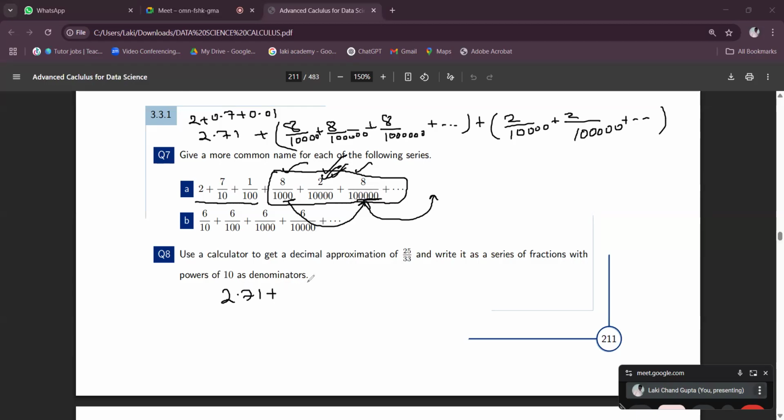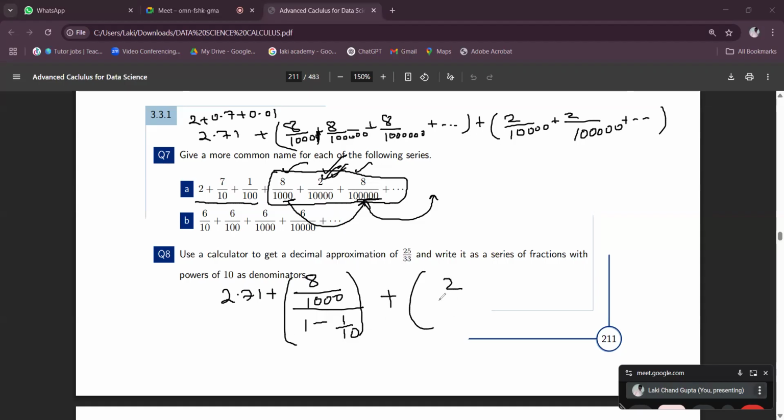You can see what? This is the first term and a 10 is multiplying each term, right?